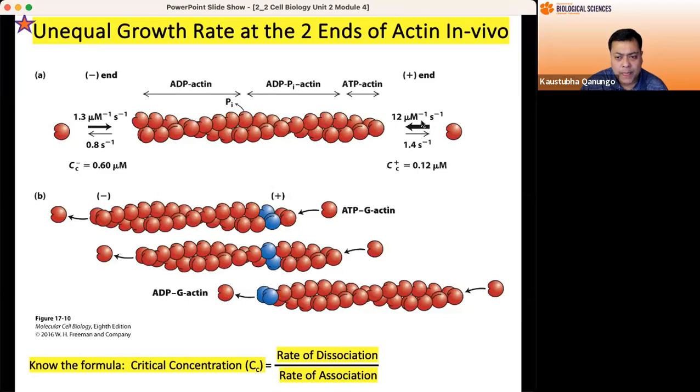So if you look at the formula of the critical concentration, it is the rate of dissociation over association. So remember, that is 1.4 over 12, and you will see that it will be about 0.12 micromolar. This is the critical concentration at the plus end.